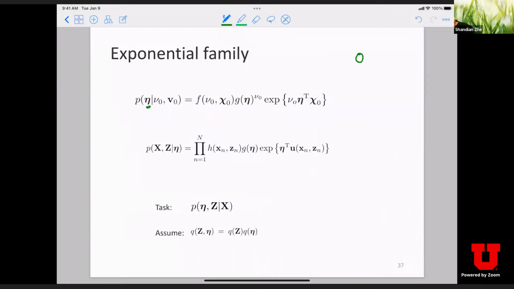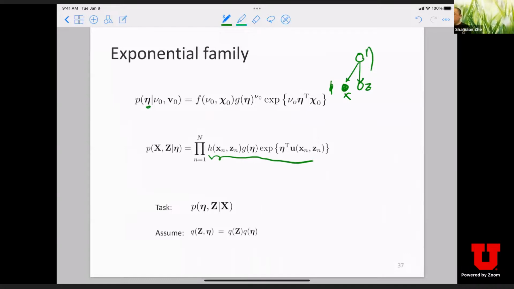Suppose this is our model. You have some latent random variable eta, which is sampled from some prior. And then you have Z and X, where X are the observations, together sampled from an exponential family likelihood.